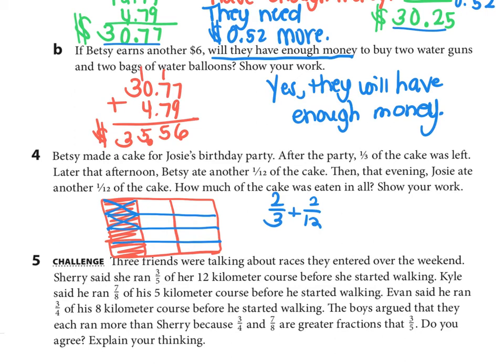I know that 2/3 is the same as 8/12. So really it's 8/12 plus 2/12, which is the same as 10/12 was eaten in all. And to simplify that, that would be 5/6. How much of the cake was eaten in all? 5/6 of the cake.